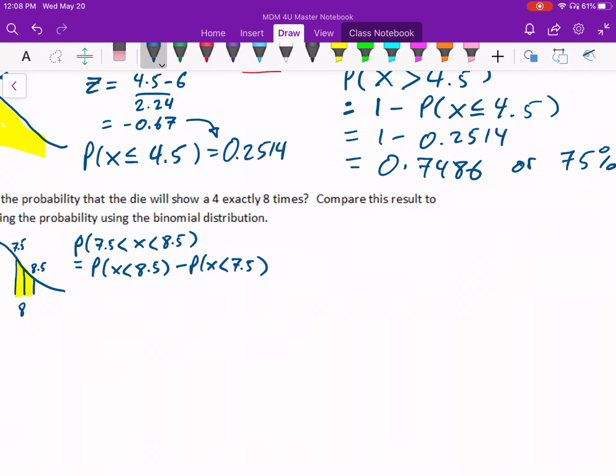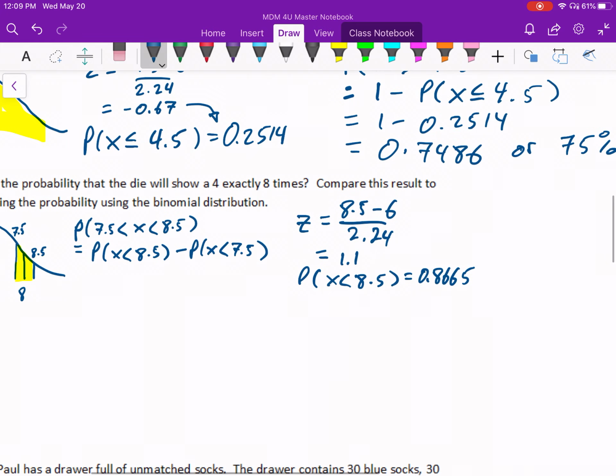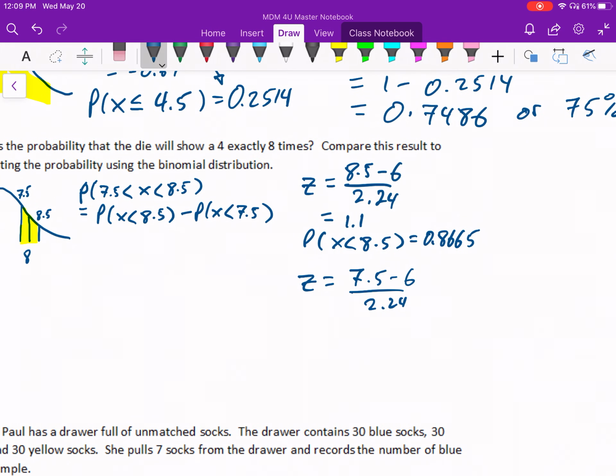So let's do the rough work over here. For the first one, the z-score when x is 8.5 works out to be 1.1, the number I tried to write down before. There's my first z-score, and the probability going along with that turns out to be 0.8665. Then my z-score when x is 7.5 is 0.67.